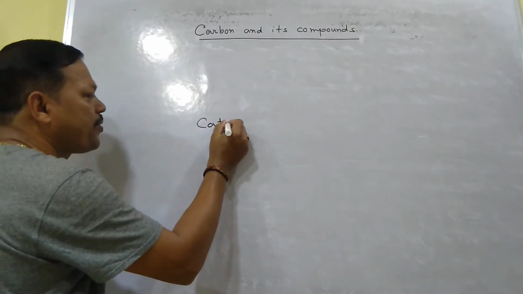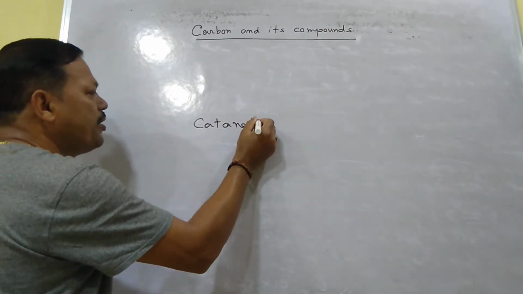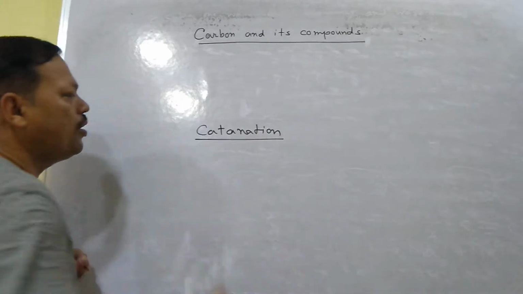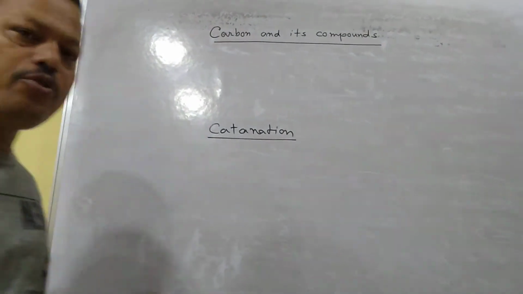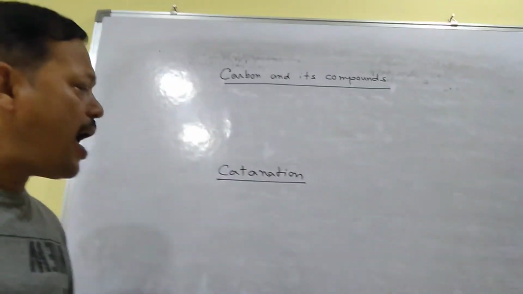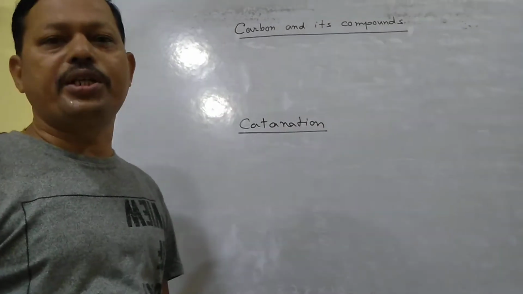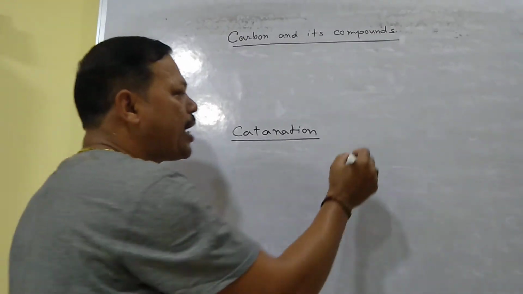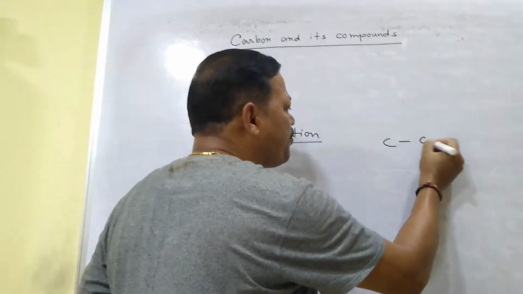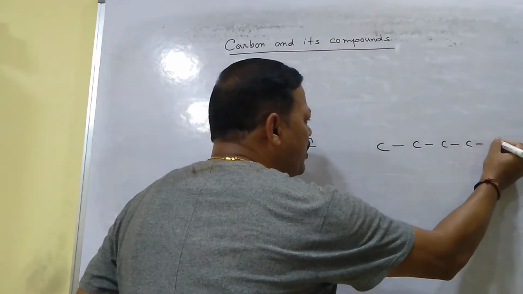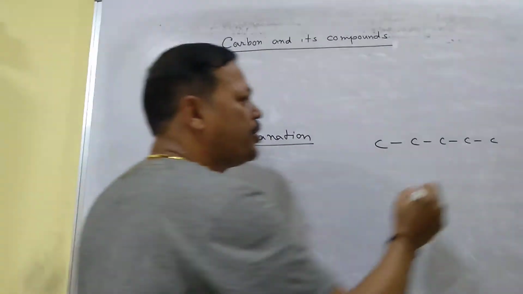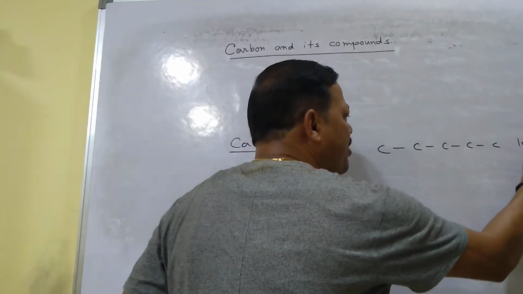I think you know carbon has one unique property which is called the catenation property. Do you know what is the catenation property of carbon? Carbon has one unique property: when carbon combines with another carbon, they can form this type of chain, which is called a long chain compound.